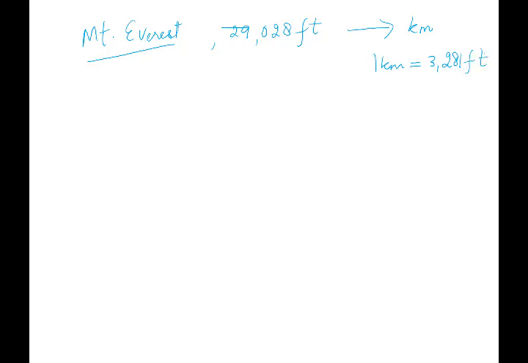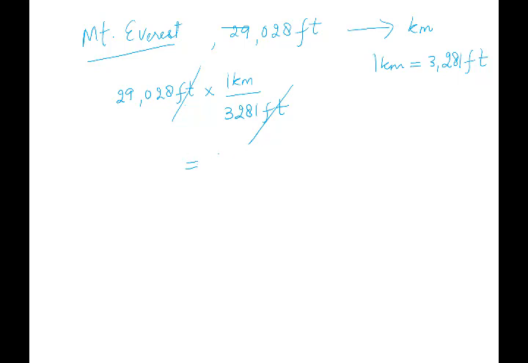In order to convert, you again perform the unit conversions. That is 29,028 feet. I want the feet to go away, so the kilometer should be on the top, and I want the feet to cancel, so 3,281 naturally will be in the denominator. You cancel this and divide this number.